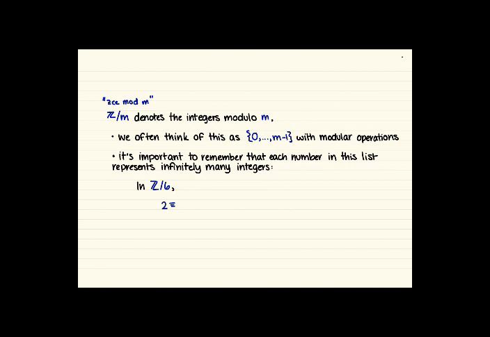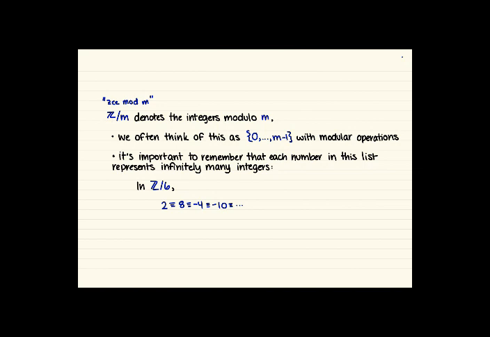But it's important to remember when working with Z mod m that each number in this list represents infinitely many integers. So in Z mod 6, for example, when we write 2, that's the same as 8, minus 4, minus 10, etc.